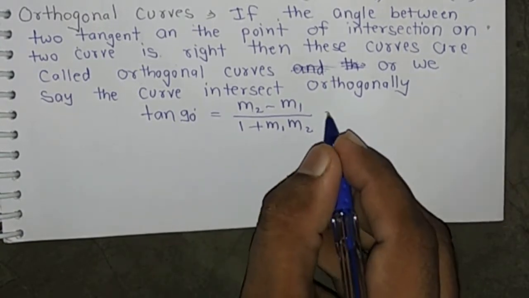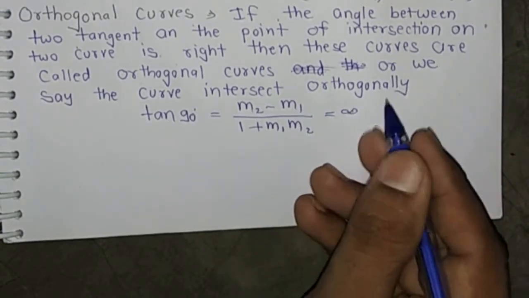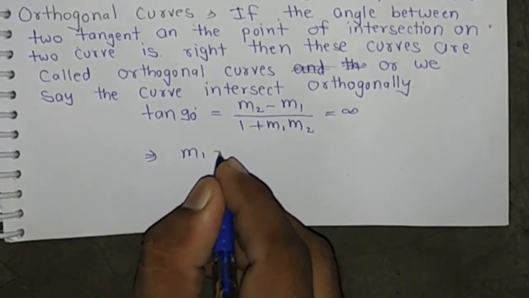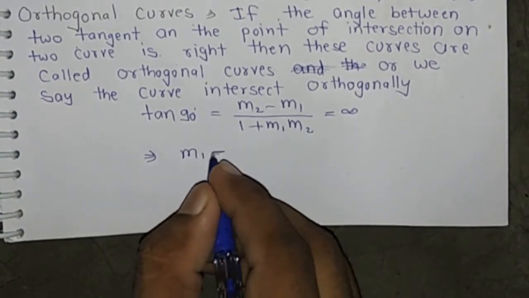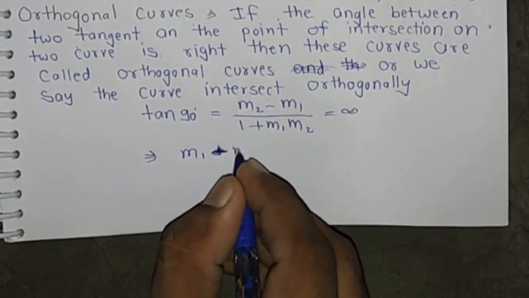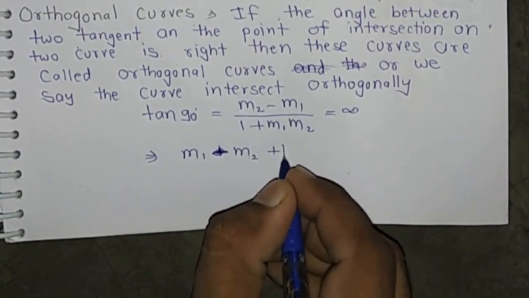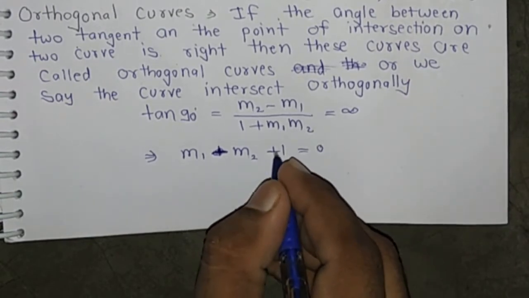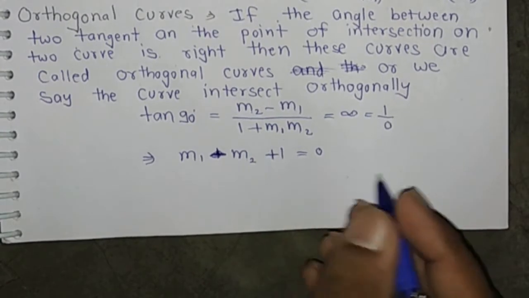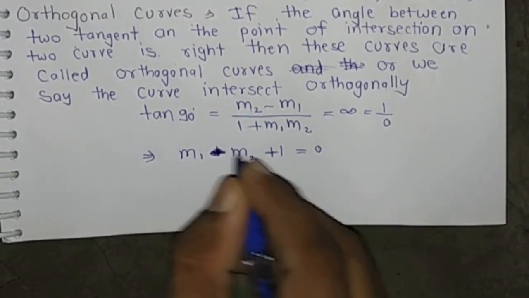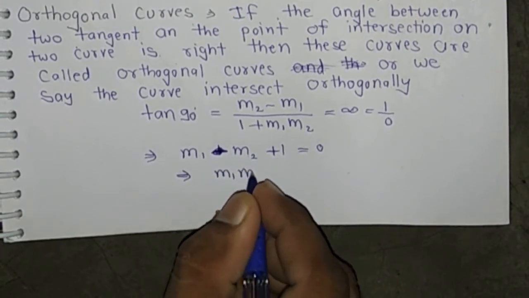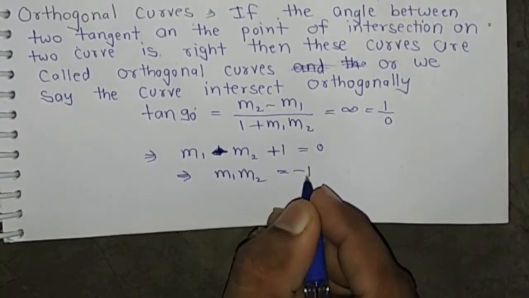Tan 90 is infinite, equal 1 by 0, then we put infinity as 1 by 0 and cross multiply, we get 1 plus m1 m2 equal 0. From here we have the formula m1 m2 equal minus 1.